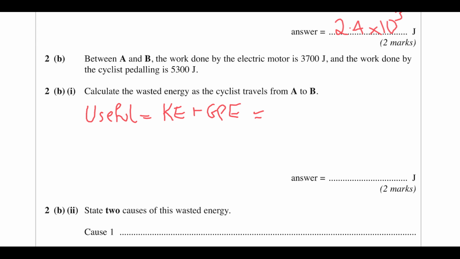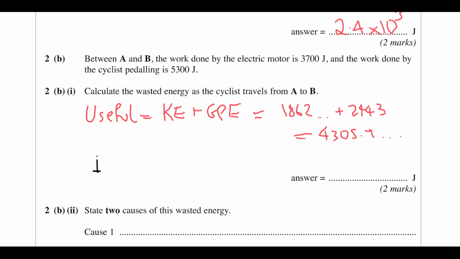So the kinetic energy we had was 1900 or so. The GP we had was 2400. So hang on, kinetic energy was 1862 and so on, plus 2443, which is a value of 4305.9.